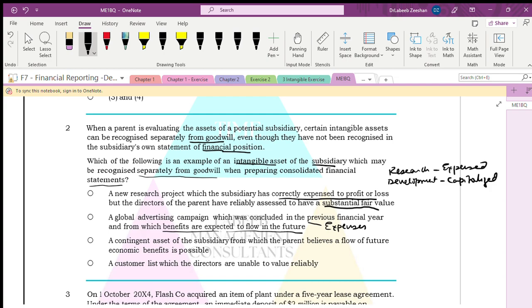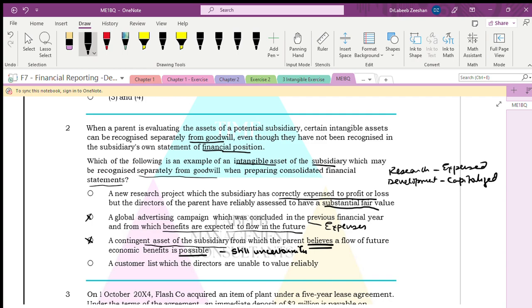A contingent asset, which may or may not be, from which the parent believes a flow of future economic benefit is possible. See, words are very important. Still uncertainty is there. When there is uncertainty, it will not work. When it is about the advertising campaign, again we should not consider.